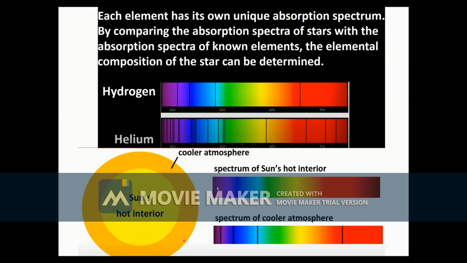This means none of the spectrum is absorbed, so no gases. However, as we get cooler toward the atmosphere, such gases as hydrogen, helium, and others begin to absorb the spectrum of the sun. So we get to this composition, and we can reach certain conclusions.